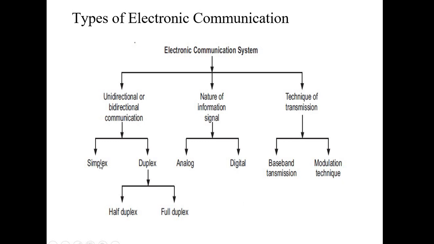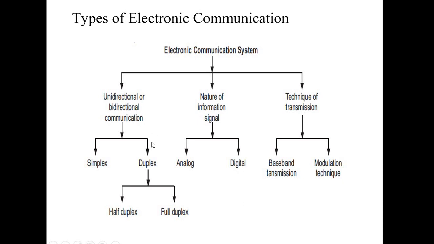It allows transmission in one direction only. So transmitter is allowed to transmit in the simplex system and receiver will only receive the signal. Example of simplex system is radio broadcasting and television broadcasting, where receiver is not allowed to transmit anything and transmitter transmits, receiver receives. So it is unidirectional transmission.